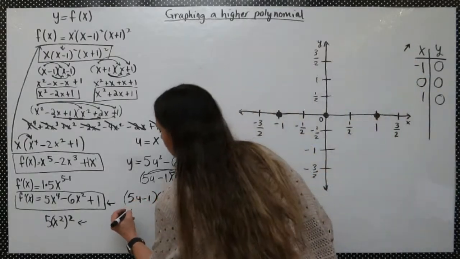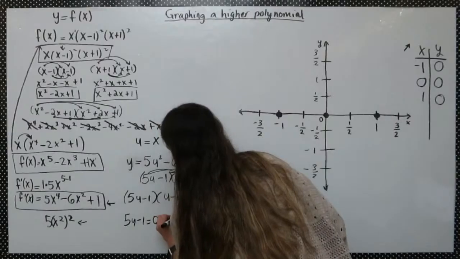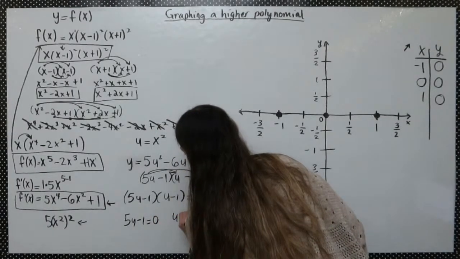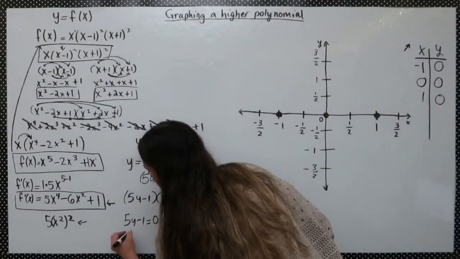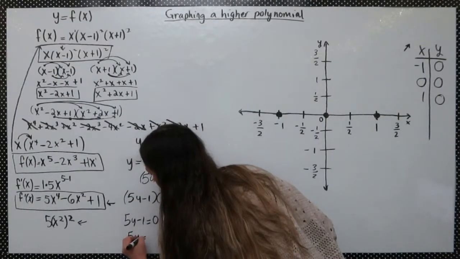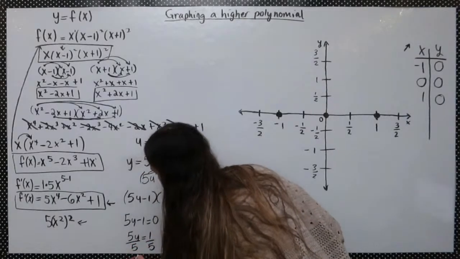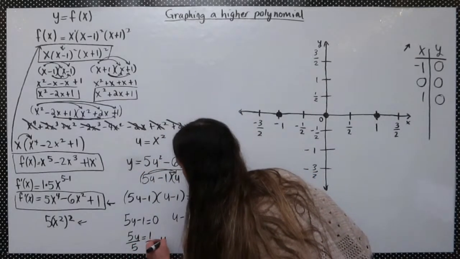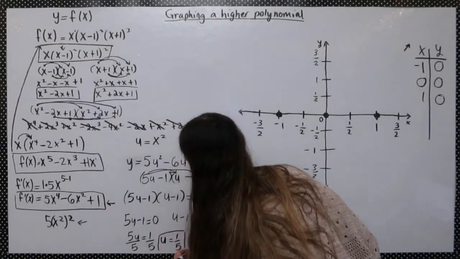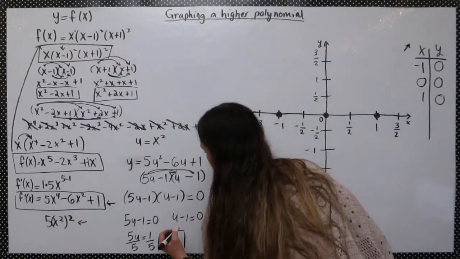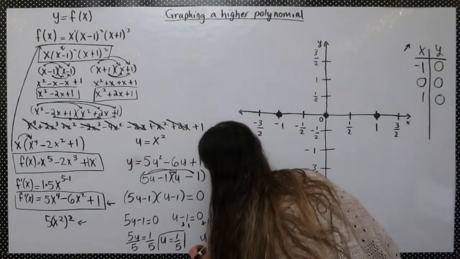And then I will set each factor equal to 0. 5u minus 1 equals 0, and u minus 1 equals 0. And then we can go ahead and solve. This is 5u equals 1, divided by 5. So you're getting u equals 1/5. And then this one, plus 1 on both sides, you're getting u equals 1.